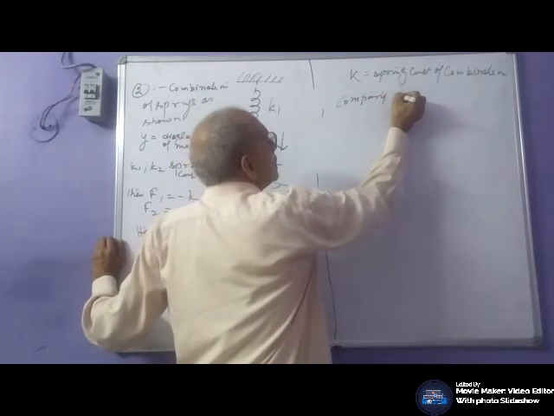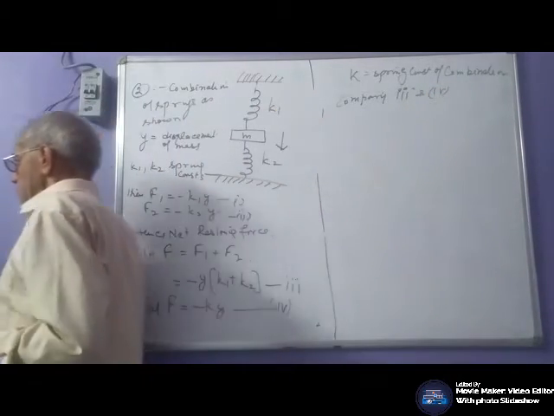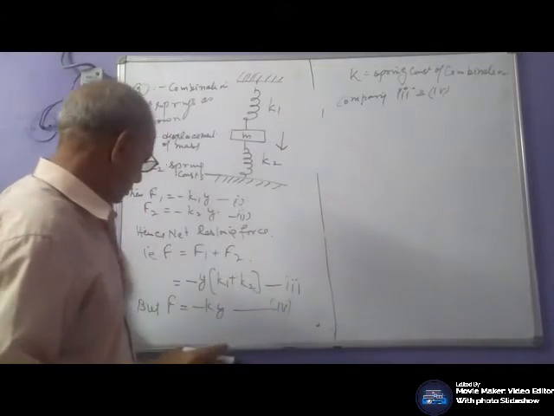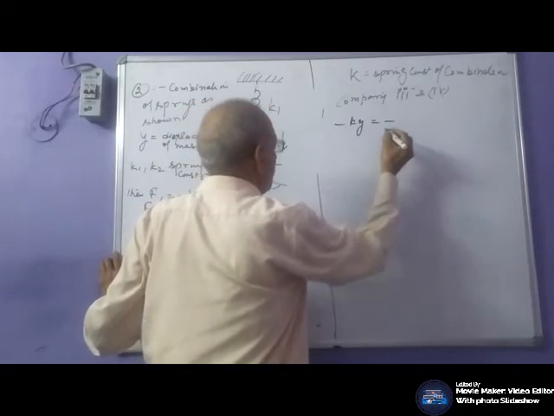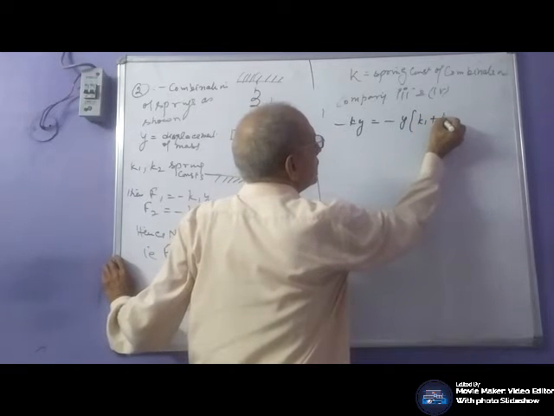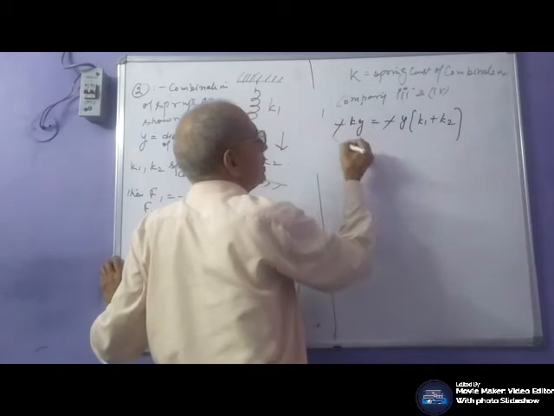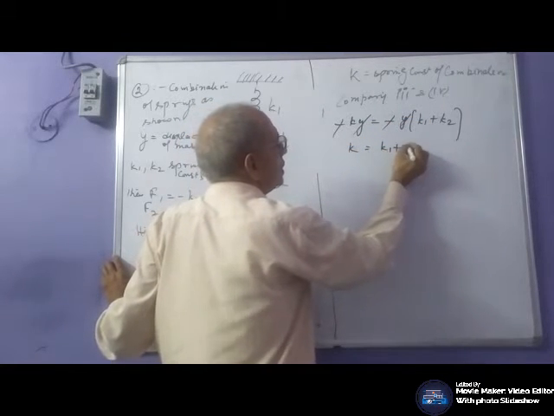Comparing third and fourth, minus Ky equals minus y(K1 plus K2), minus with minus, y with y, so K comes out to be K1 plus K2.